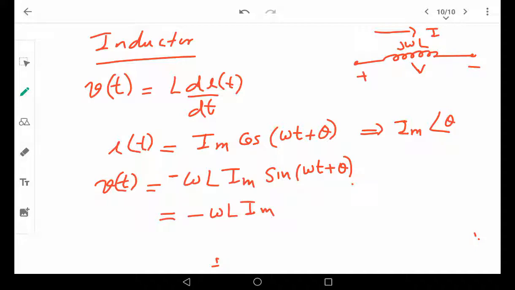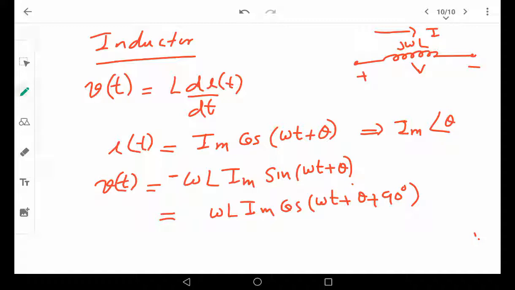Now you can further simplify it as minus omega L Im cos omega t plus theta, then you can write it as plus 90 degree, right?